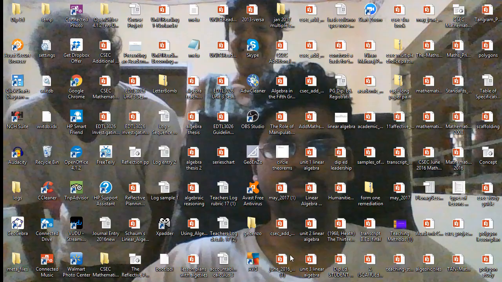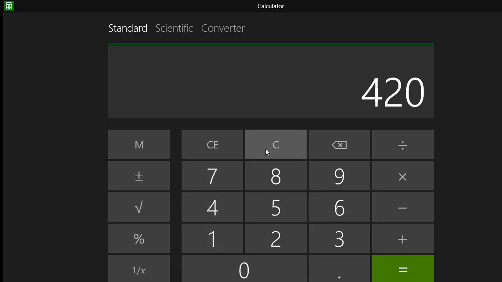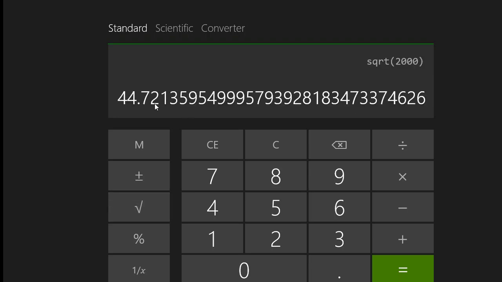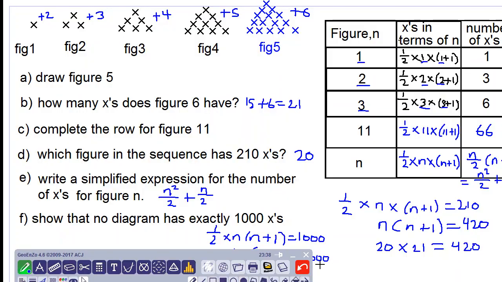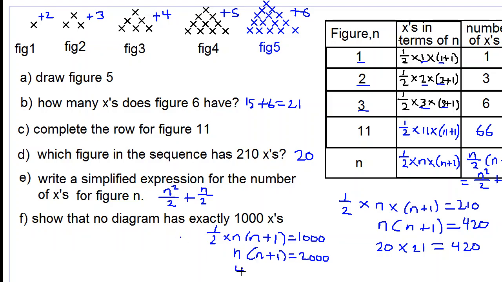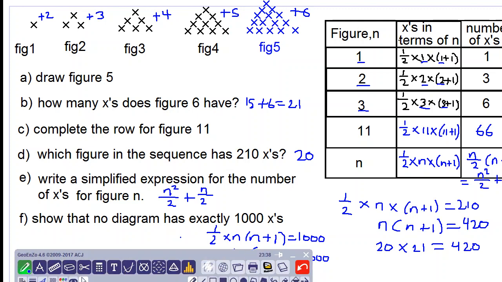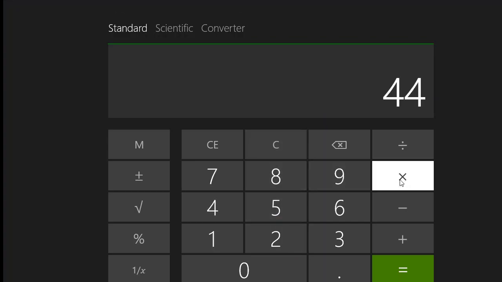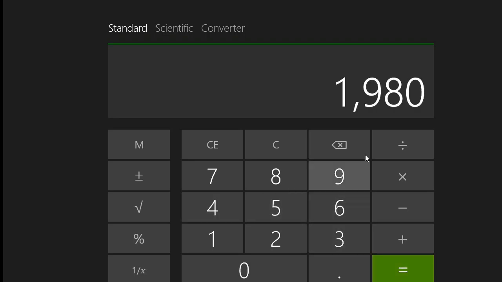So let's find the square root of 2000 as our guide to get an idea of the number: 44.7. Let's try 44. What about 44 times 45? Will that work? 44 times 45. Let's try that. 1980.